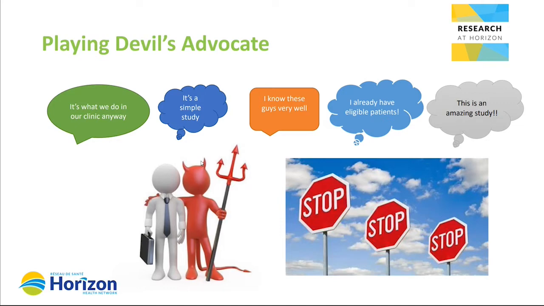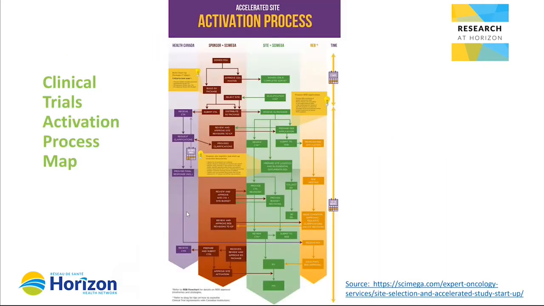But as you know, that's not the case, because the real world of clinical trials is a very complicated, time consuming and labor intensive process that involves multiple stakeholders. So as you can see in this diagram, we have regulatory agencies such as Health Canada or FDA, and we also have a sponsor who is responsible for the overall conduct of the whole study.